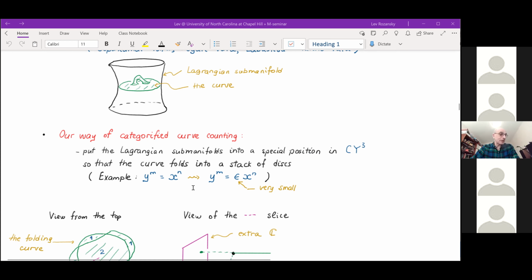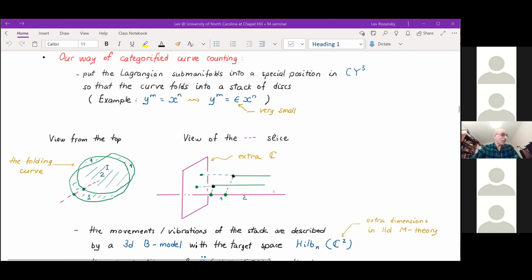So suppose that here we insert a small parameter epsilon, which is very small. Then the singular curve folds into disks with some special points, but in physics, this doesn't matter. So the picture for the 2,3 torus knot would look something like this. If you look from above, there will be two overlapping disks.